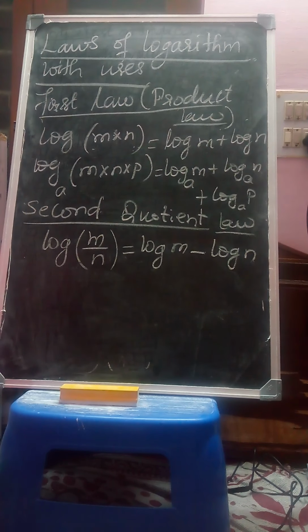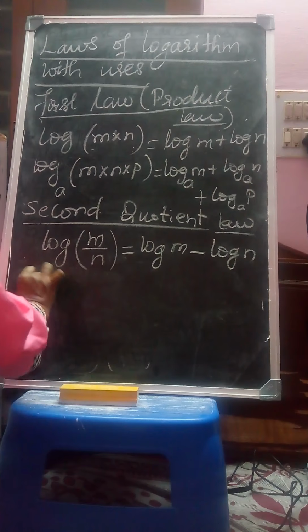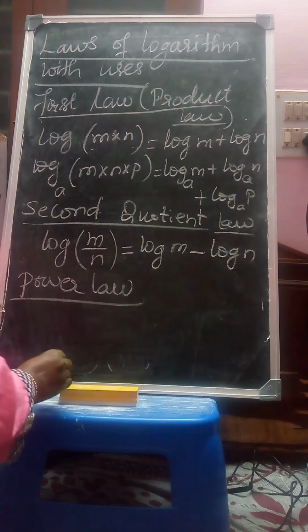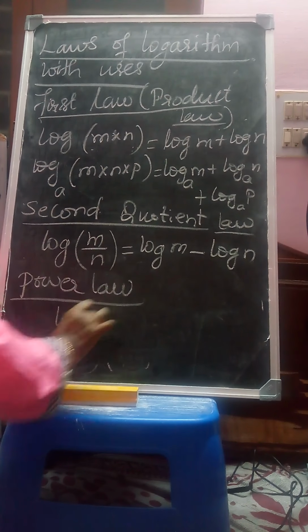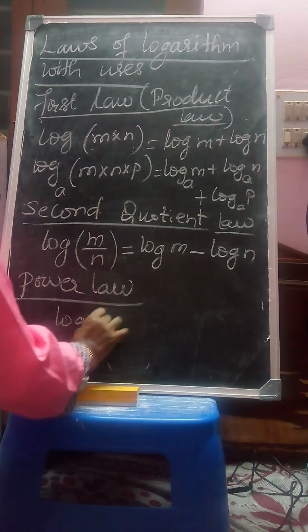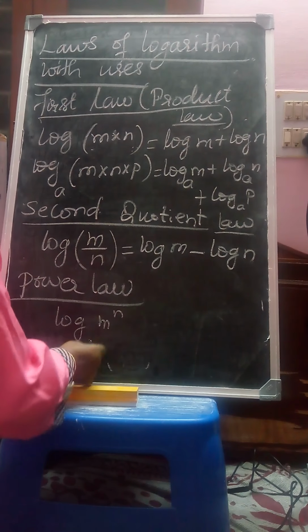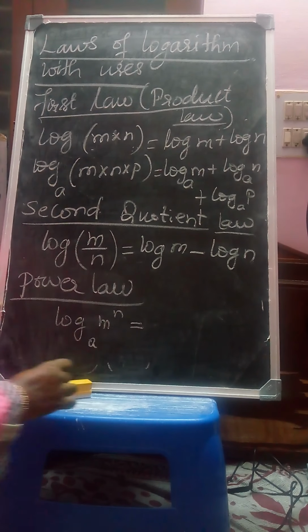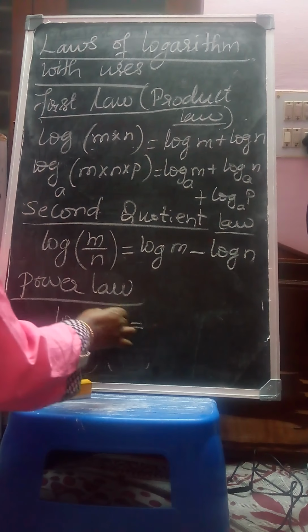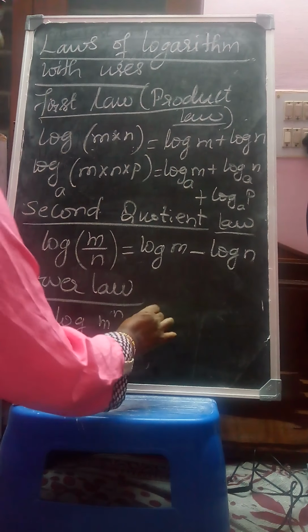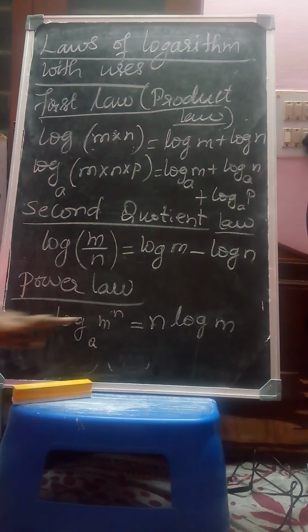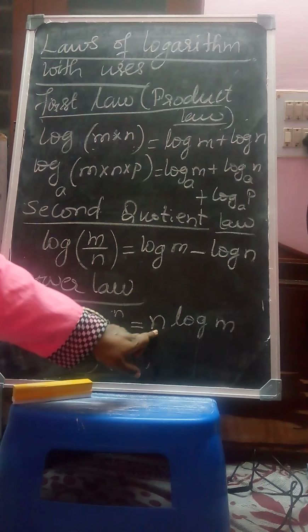Now the third one is the power law. Here when we have log of m to the power of n, it can be any base, say a. Here this n will come before the log.